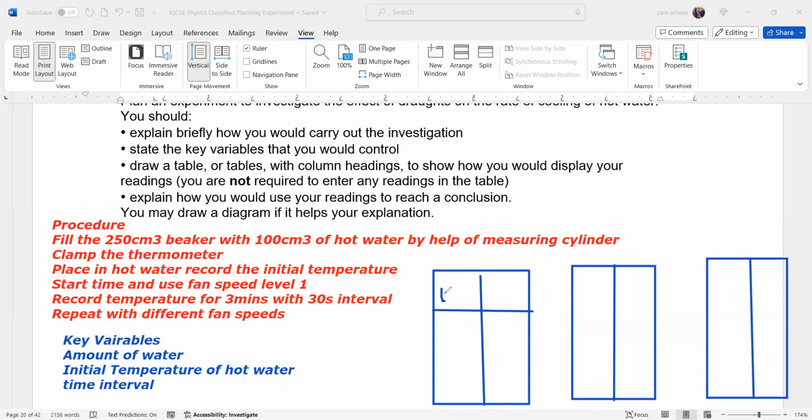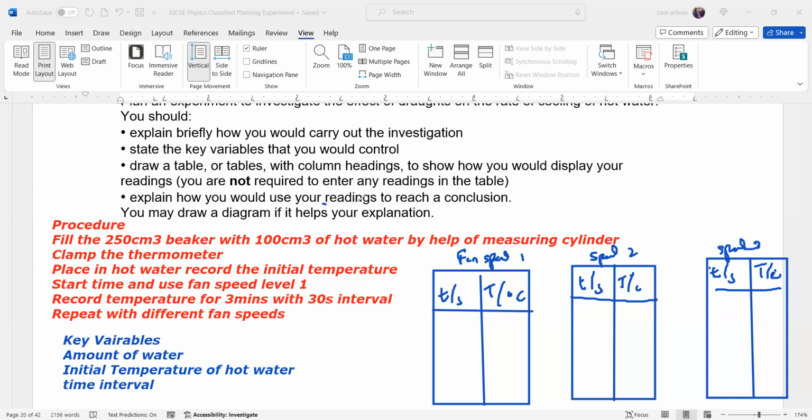So here we'll mention time in seconds and temperature in degrees centigrade. Whenever a table is there, it is always with column headings. So 3 tables you can draw separately. And you can mention this is for fan speed level 1, this one is for fan speed level 2, and this one is fan speed level 3. And if 4 are there, you can mention 4.